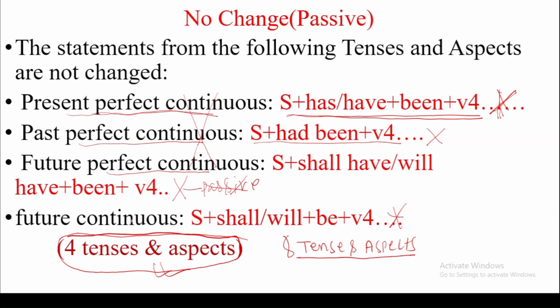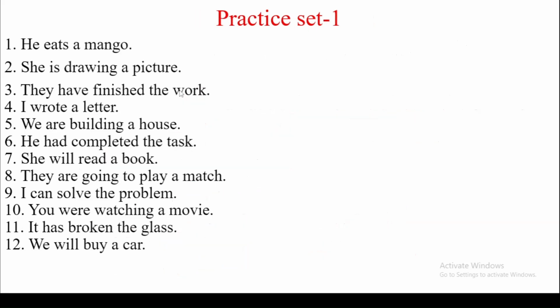The continuous aspect of future tense cannot be changed. So if we have to understand on fingers, the perfect continuous aspect of all the tenses cannot be changed into passive, and the continuous aspect of future tense cannot be changed into passive. So this is the case of no change in passive.